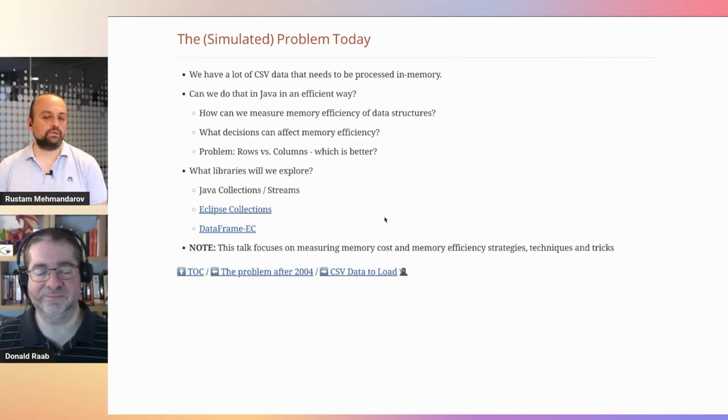And also we'll be talking quite a bit about a library that was built on top of Eclipse Collections, created by another developer, Vlad, called DataFrame EC. If you can imagine, EC stands for Eclipse Collections.